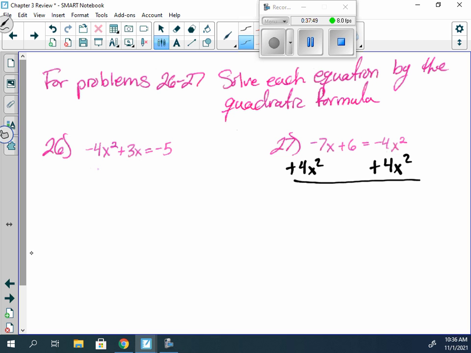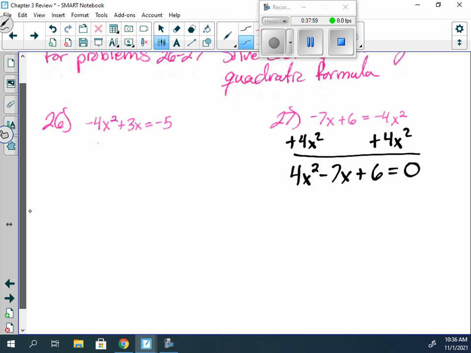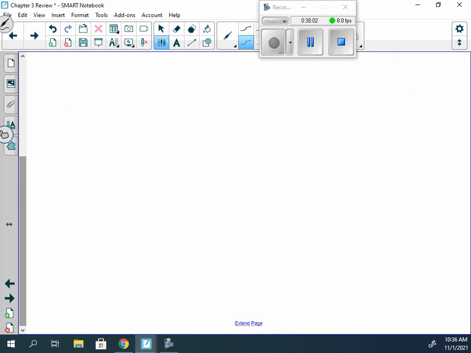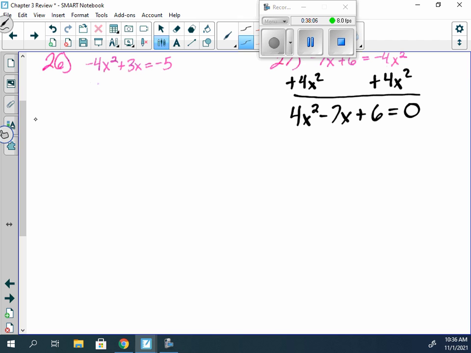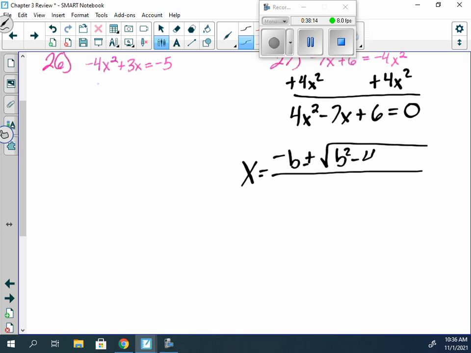What I would do first is I would add 4x squared to both sides. And what this would give me is 4x squared minus 7x plus 6 is equal to 0. Negative b plus or minus the square root of b squared minus 4ac all over 2a.